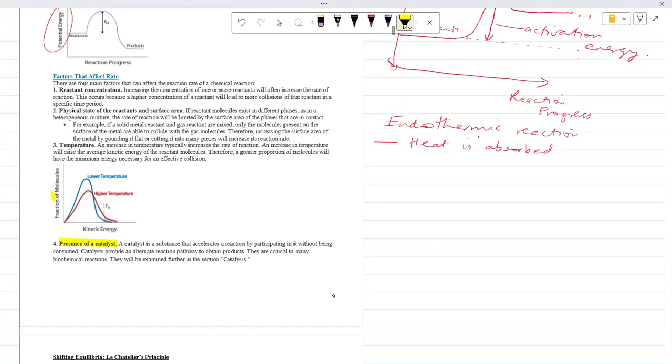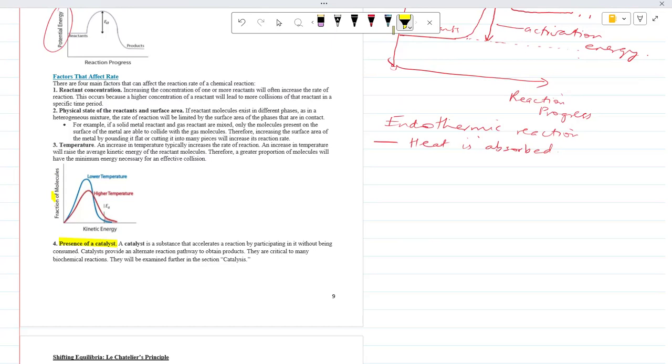Catalysts provide an alternate reaction pathway to obtain products. They are critical to many biochemical reactions, though we're going to examine this later under the topic known as catalysis. But for now, let's remember that the presence of a catalyst will speed up the rate of chemical reaction.